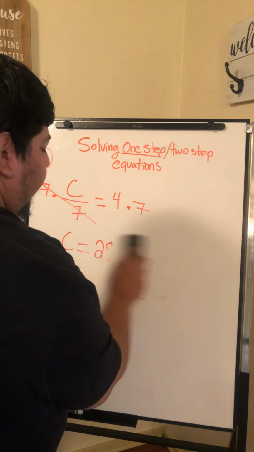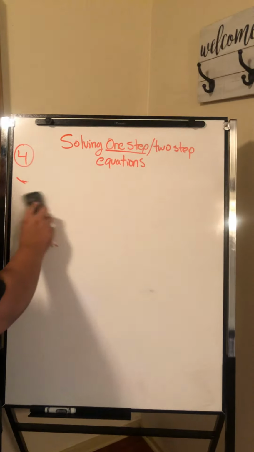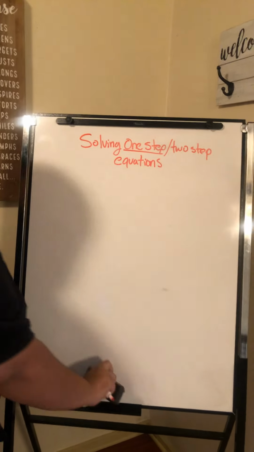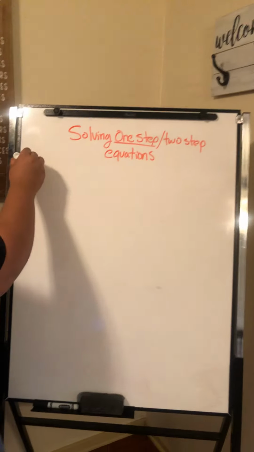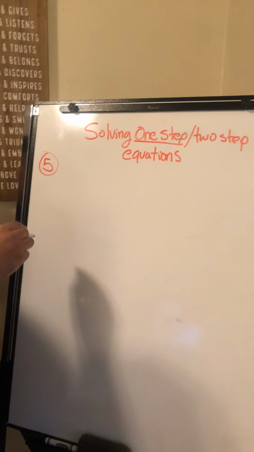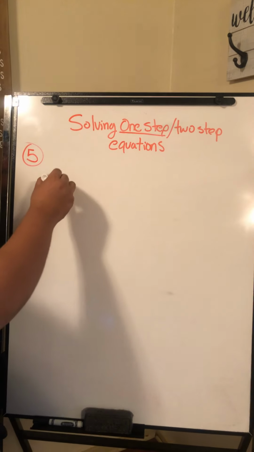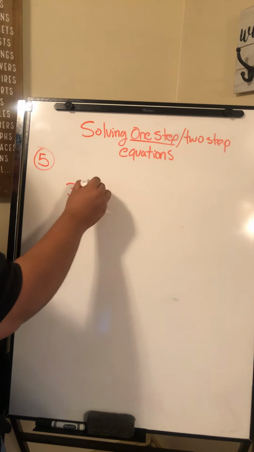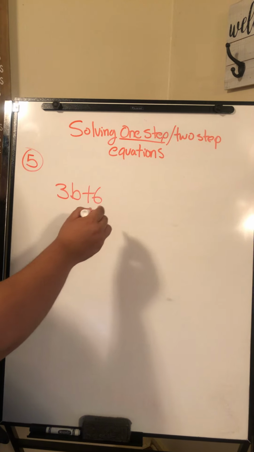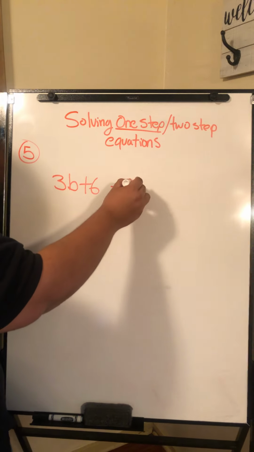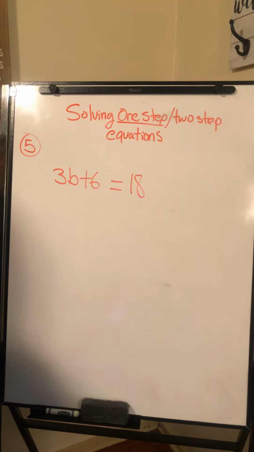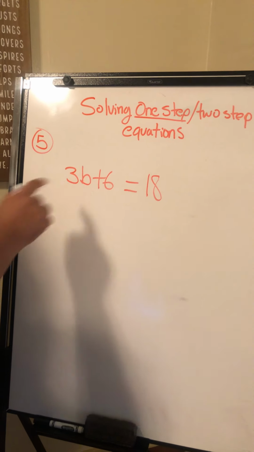Example problem number 5. On example problem 5, say we have 3b plus 6 equals 18. Your job is to find what b is, right?